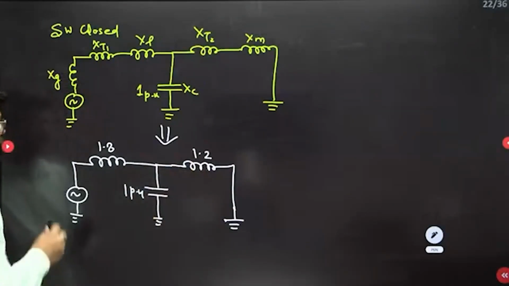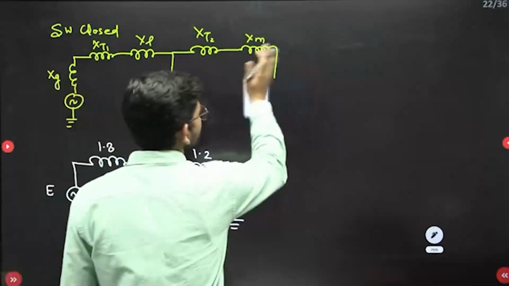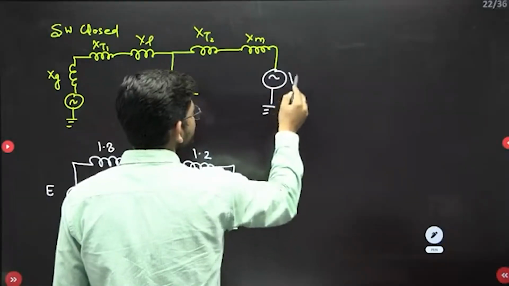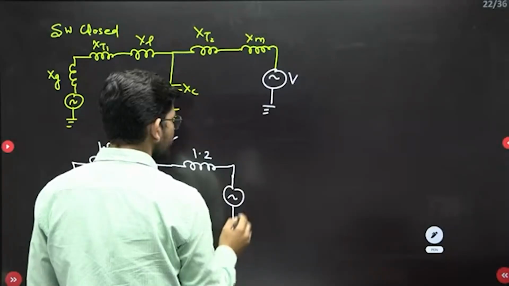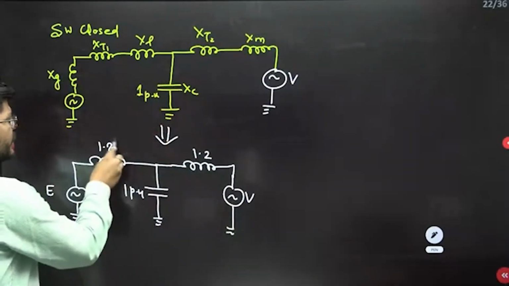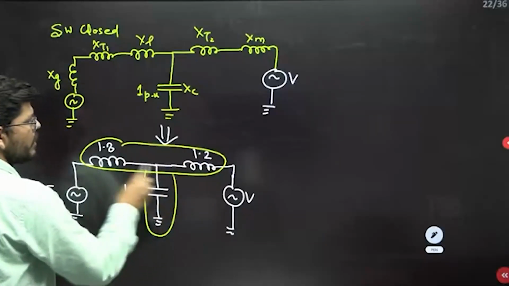Fine. Now this is E, and we can make a voltage source here as well, which is representing V. So this is V right now. So we have E, we have V, and can you see this is a star network, isn't it?